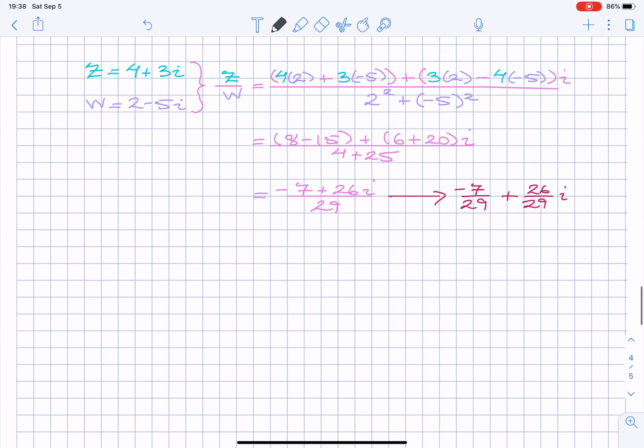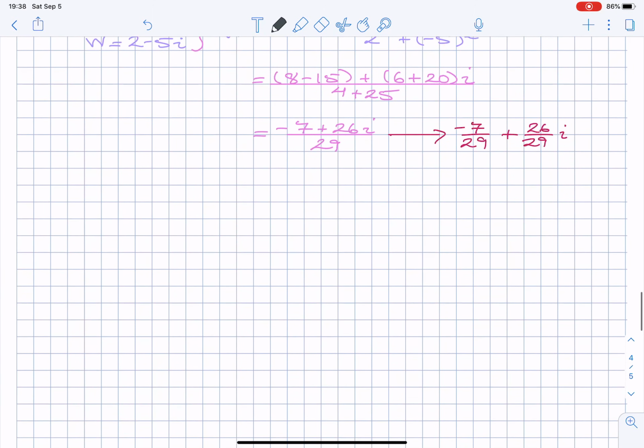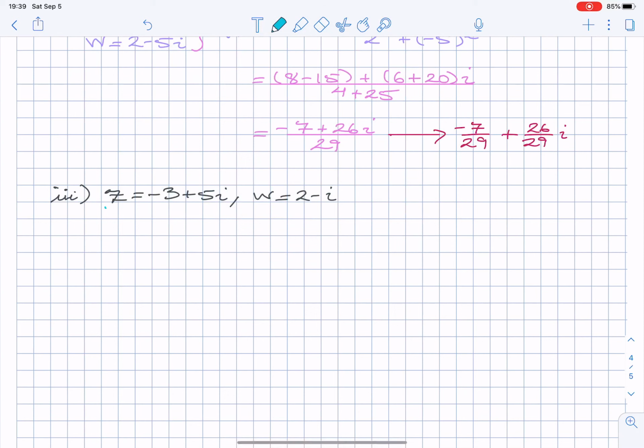And last but not least, number 3, let's see, where shall I put this? 2. Okay, so let's say we have that Z is minus 3 plus 5I, and W is 2 minus I. Okay, so this time let's have Z still be blue.